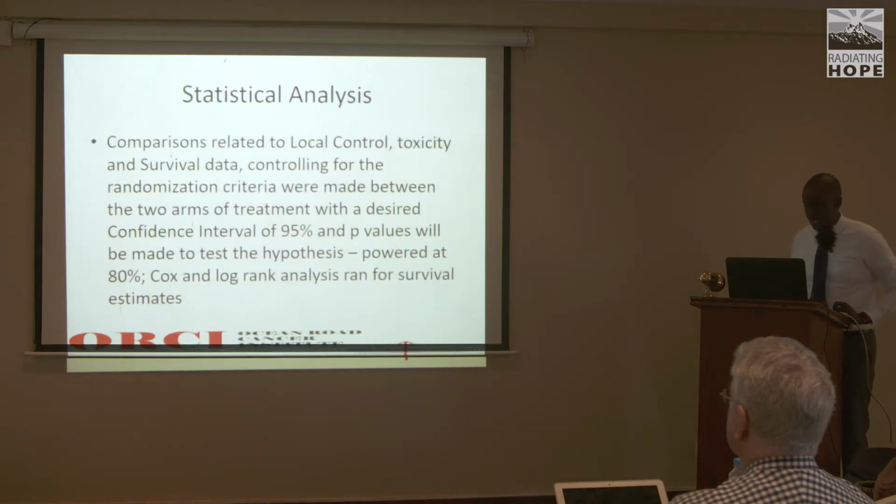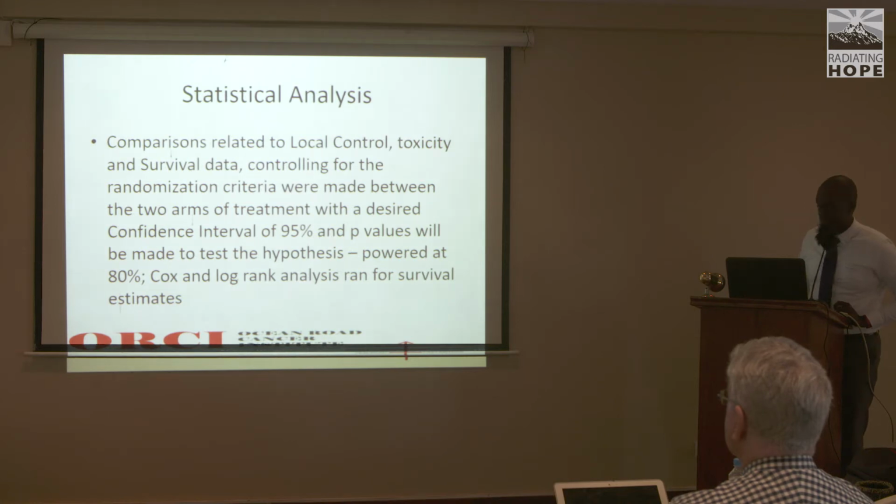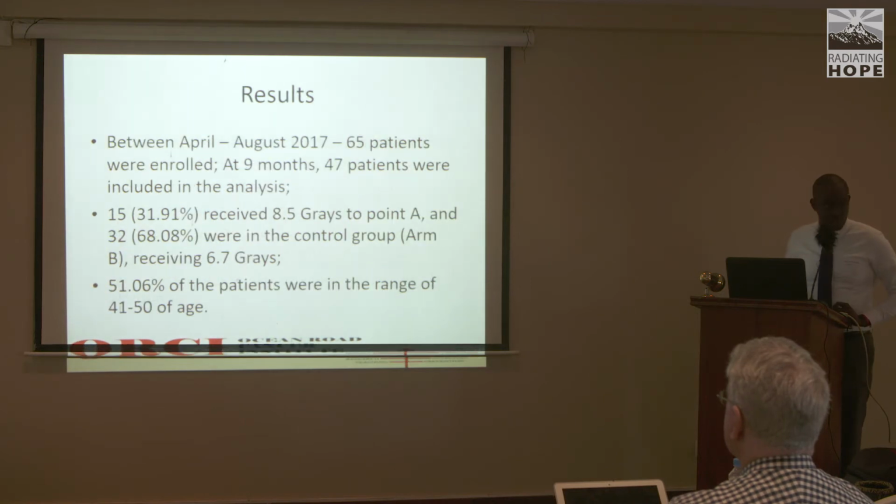So statistical analysis was done mainly to compare local control for both arms, toxicity for both arms, and survival data, and then we controlled for the randomization criteria that we've mentioned. We had a confidence interval of 95% and p-values to test the hypothesis. Now the results, I'm going really fast because we have 2 presentations in one.